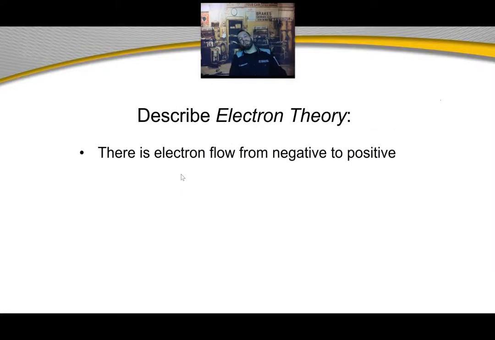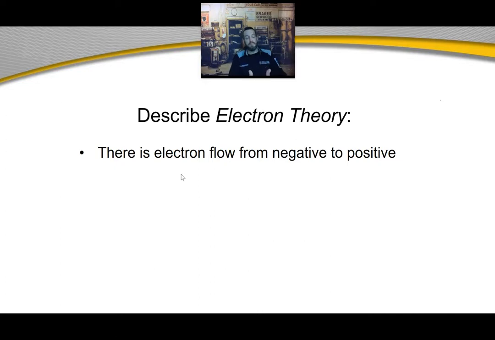All right, so electron theory. I'm not going to talk a whole lot about electron theory, because I don't want to confuse you guys, okay? I want to keep things simple. The key to electrical is keeping it simple, all right? Keeping it simple, the basics: power, ground, resistance, current flow, voltage, so on and so forth, okay?